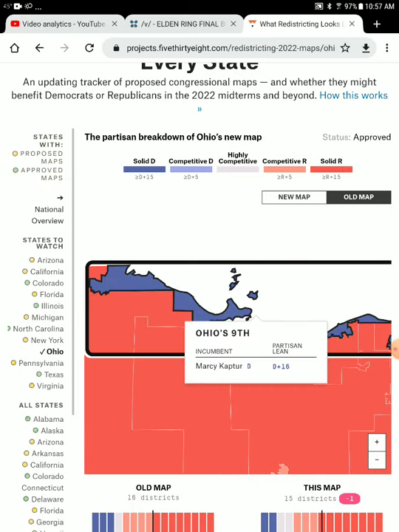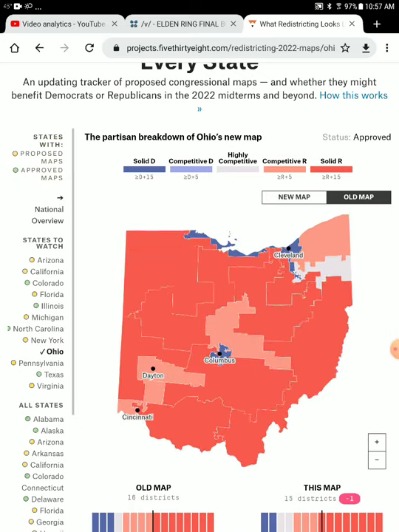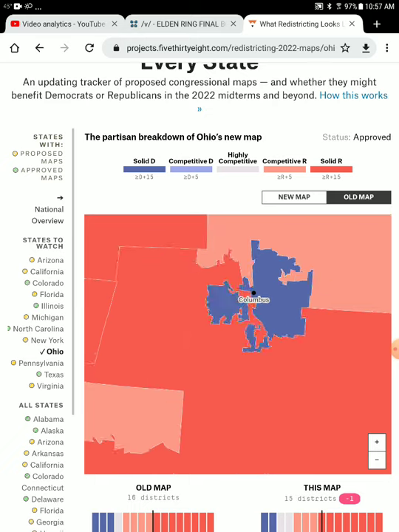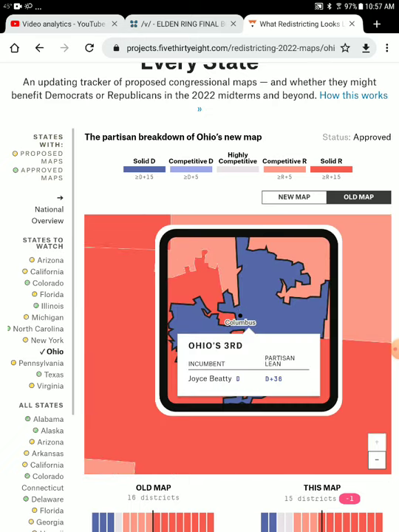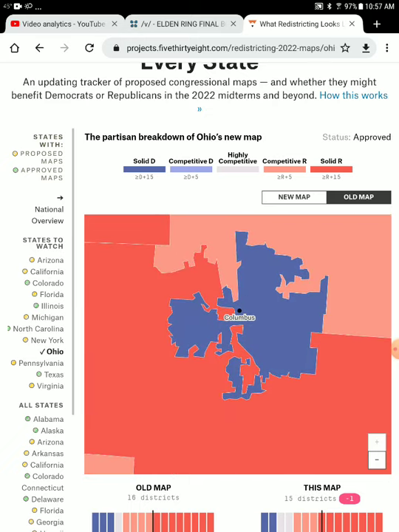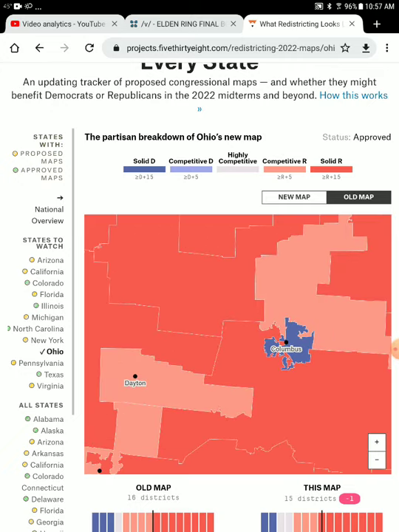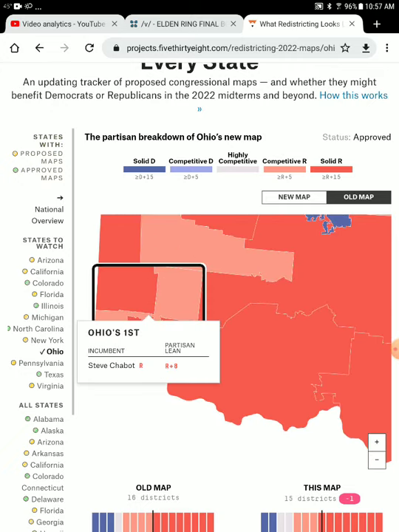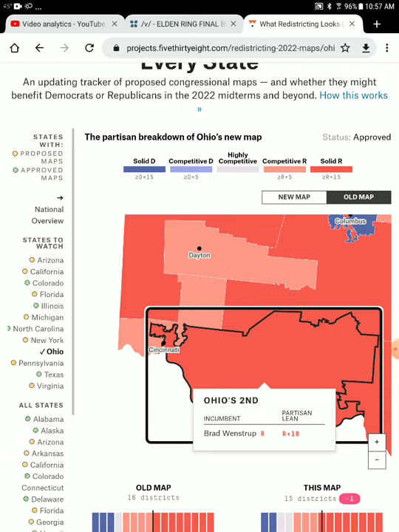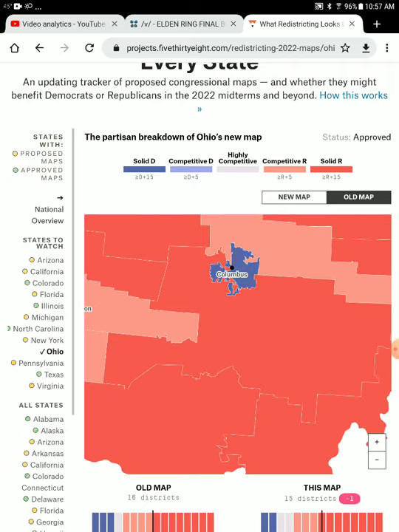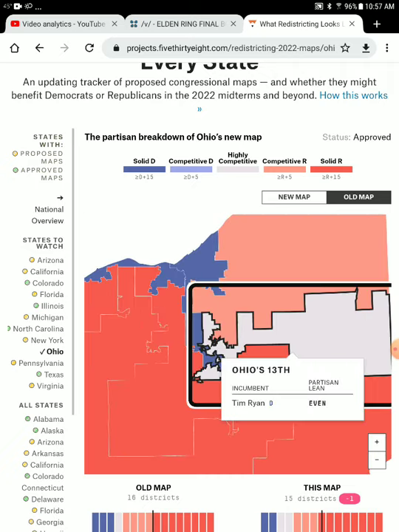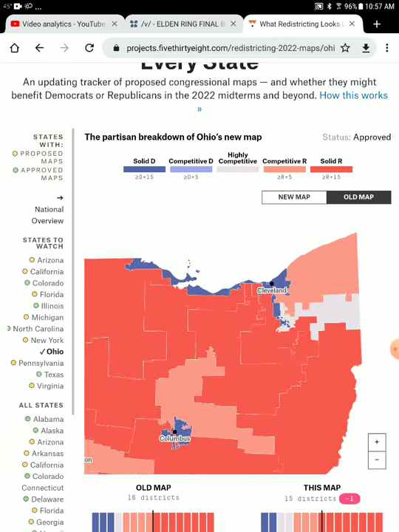These ones are not even connected because there's a lake between them. Columbus's district is just one massive cursed district, where it's barely connected as well. And the Cincinnati area is basically split into two districts, or has a similar one where it is barely connected. And Ohio's 14th is really bad.